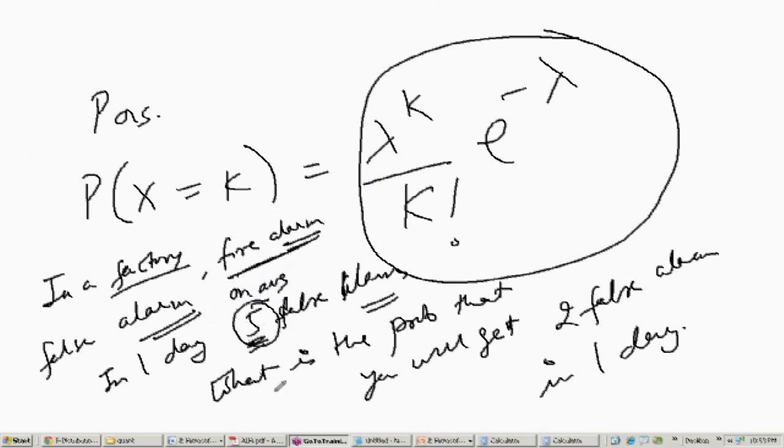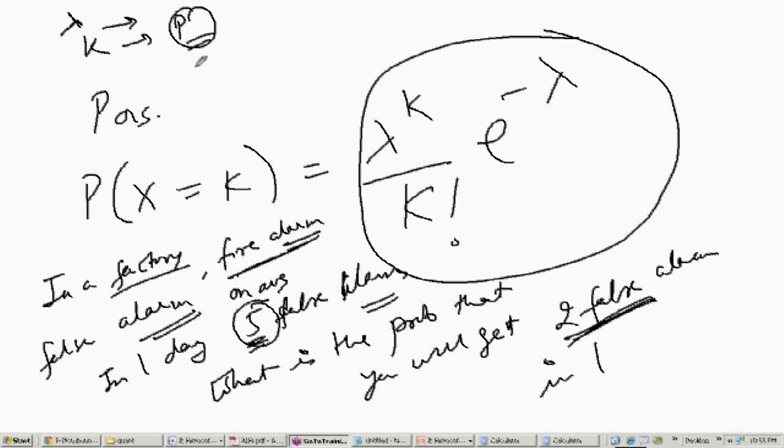On an average we get 5 false alarms in one day. I want to know the probability that on one particular day we will get 2 false alarms. Here you need to identify what are k and lambda.